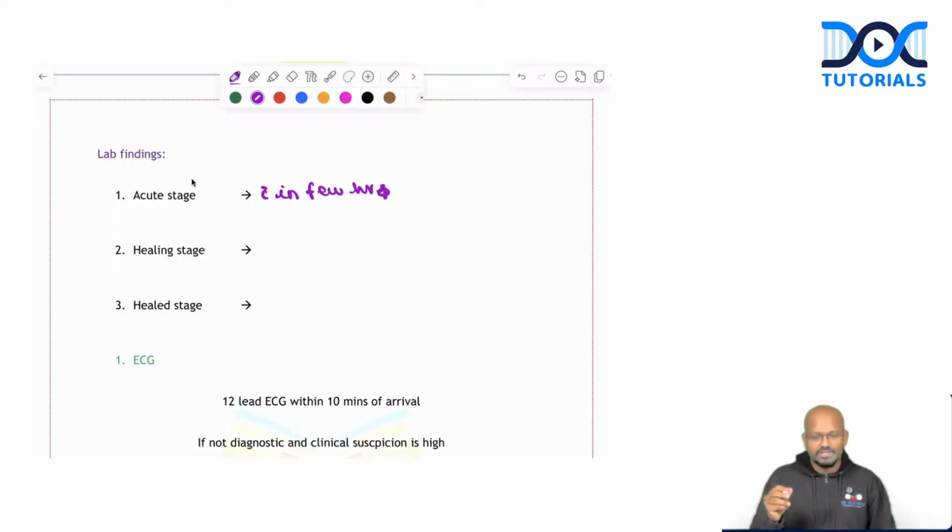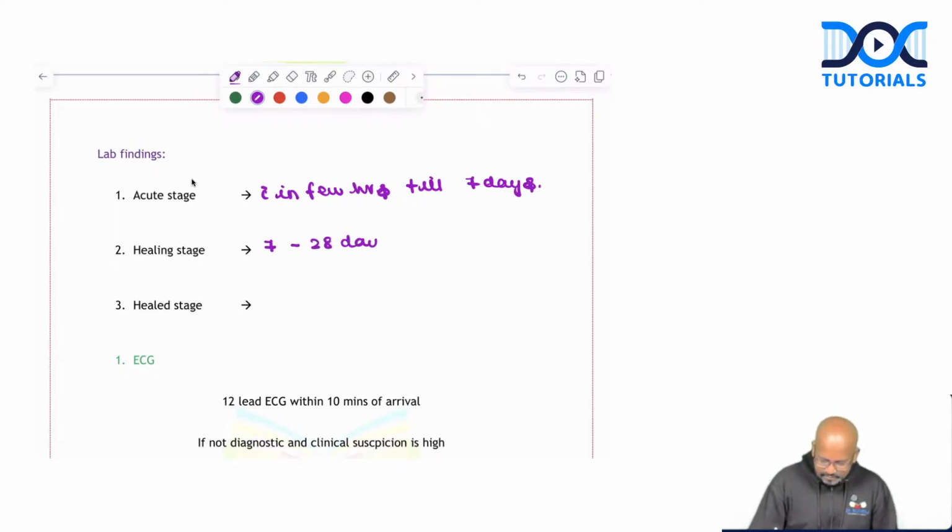Within a few hours the acute stage will start, and till 7 days or 1 week, the patient will be in the acute stage. The healing stage is from 7 to 28 days, or simply 1 month. So 7 till 28 days they will be in the healing stage. Healed stage means more than or equal to 29 days.